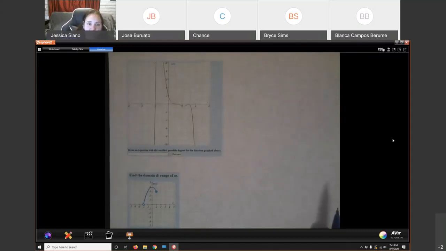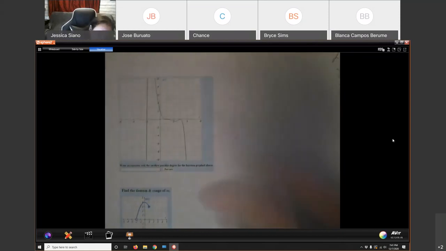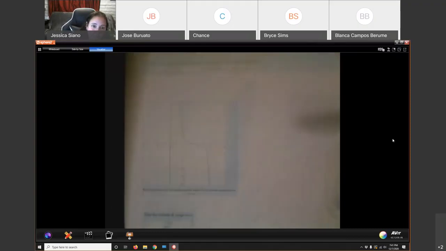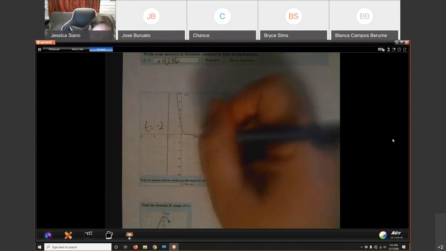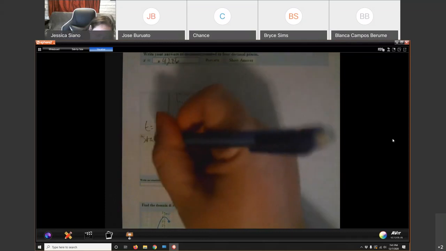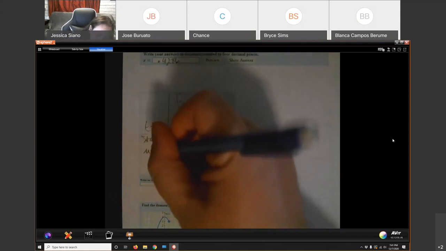All right, another polynomials question. So let's write the polynomial here. So here I have a 0 at -2. What letter do they use here? Is that a T? That's not a T. So T equals -2. It crosses straight, which means its multiplicity is 1.